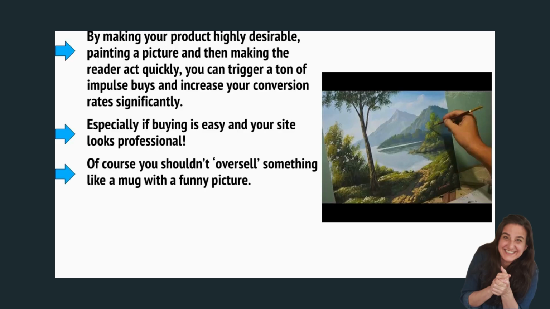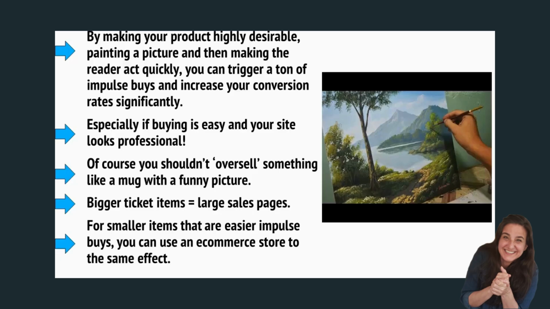Of course, you shouldn't oversell something like a mug with a funny picture. Bigger ticket items equals large sales pages. For smaller items that are easier impulse buys, you can use an e-commerce store to the same effect.